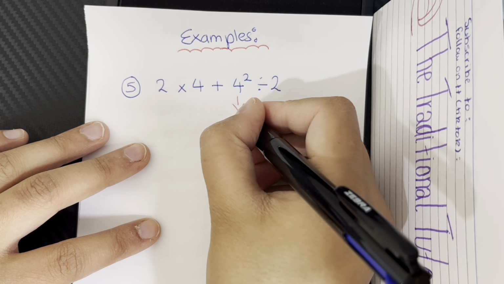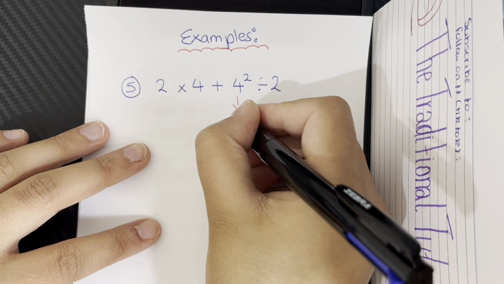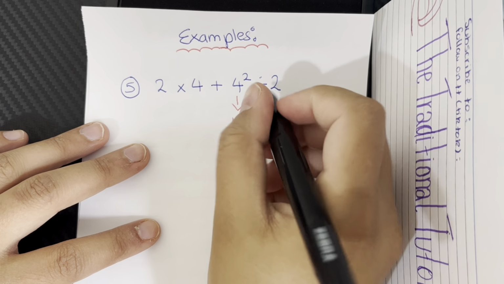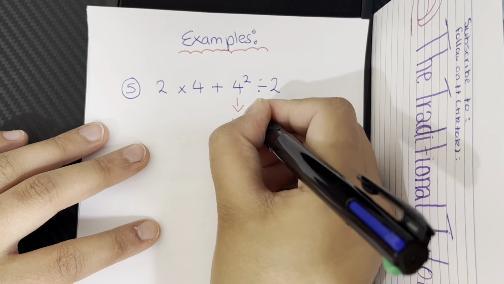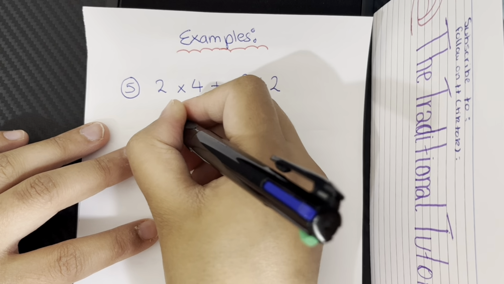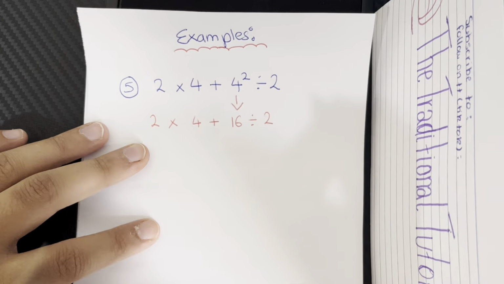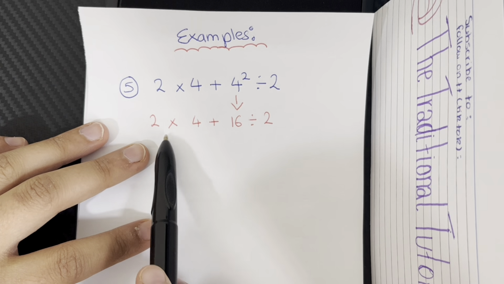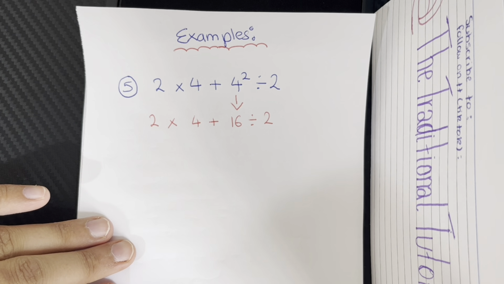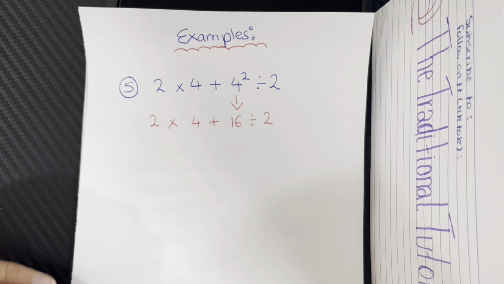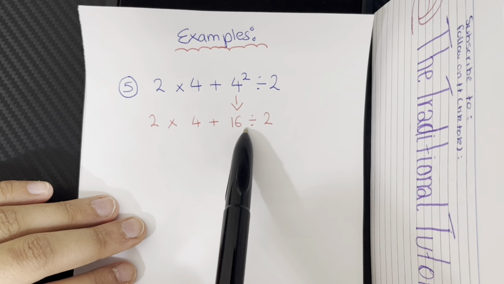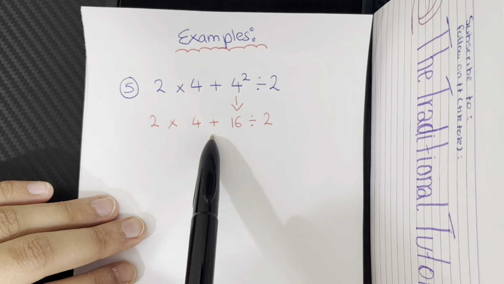So 4 squared again is just 4 times by 4, which is 16, and we've still got the division by 2 plus the 4 and times by 2 happening as well. Now we've got multiplication, addition and division in the same question. Again, if we think about BIDMAS, we have got to be looking at multiplication and division before addition.